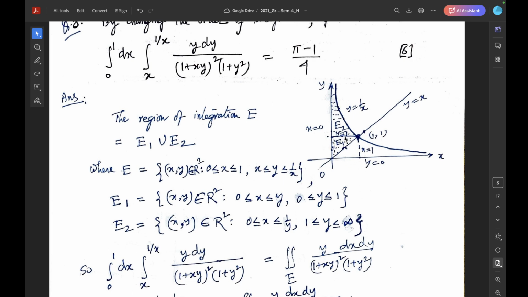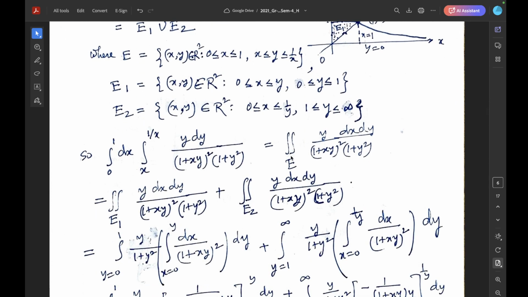For E2, x goes from 0 to 1 by y, and y goes from 1 to infinity.